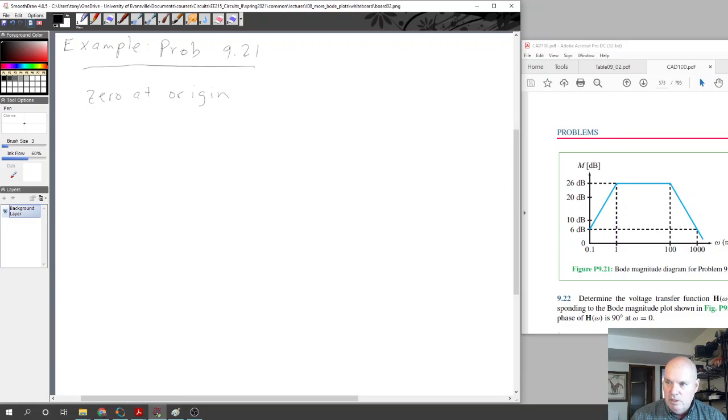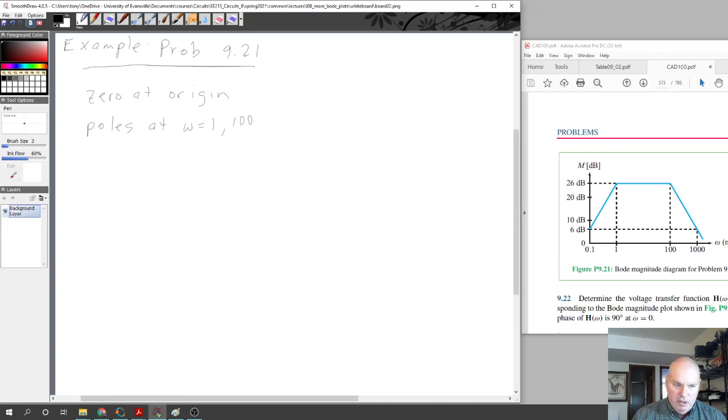This 0 term would continue on forever, but there's a pole term here that would be going downward, so that means that the graph actually levels off. So we have pole terms at omega equal 1, and then we have another pole term at 100 radians per second. These are given in omega. And then assume this line then continues on forever.